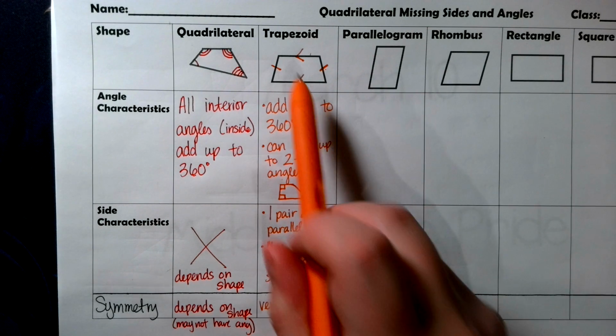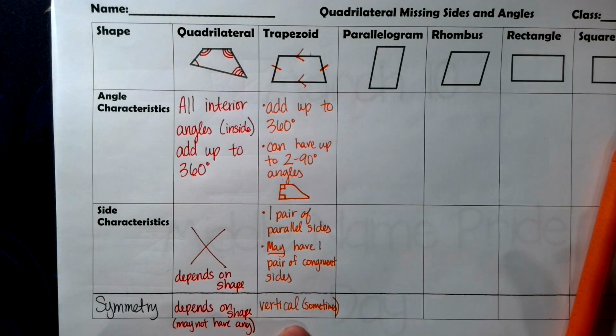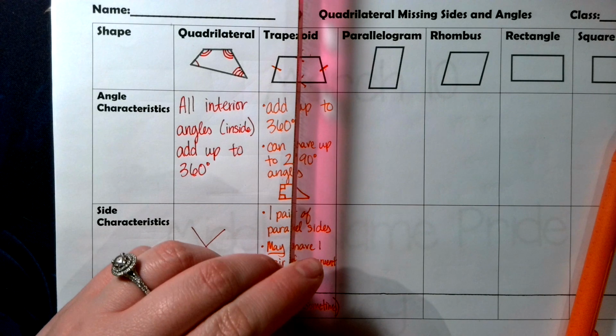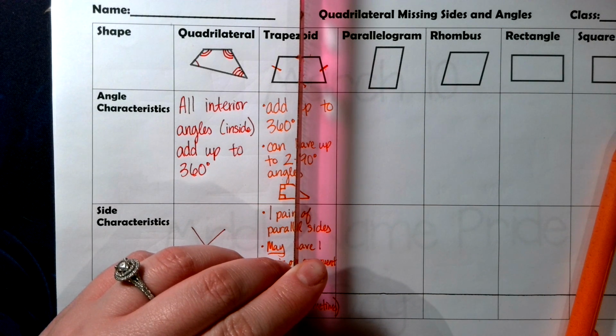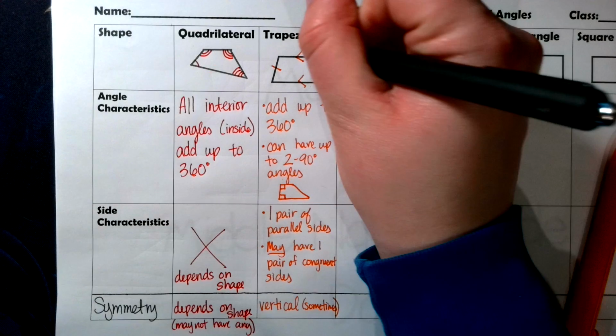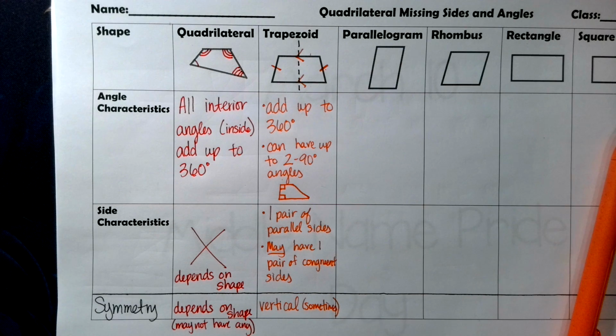For example, like I said, this one, these two side lengths are the same, so its vertical symmetry would look like this. My left and right sides of my trapezoid are the exact same. So I'm going to draw a dotted line to show that it has vertical symmetry.